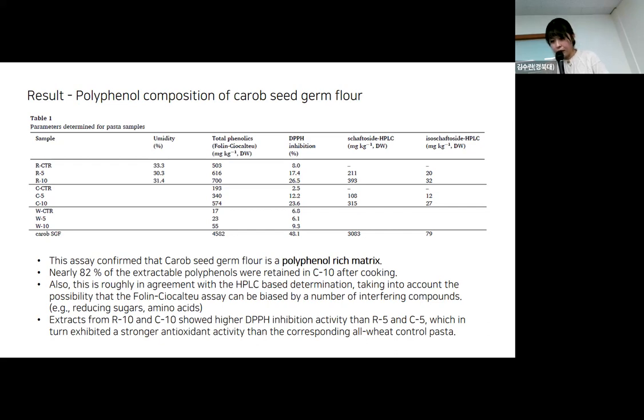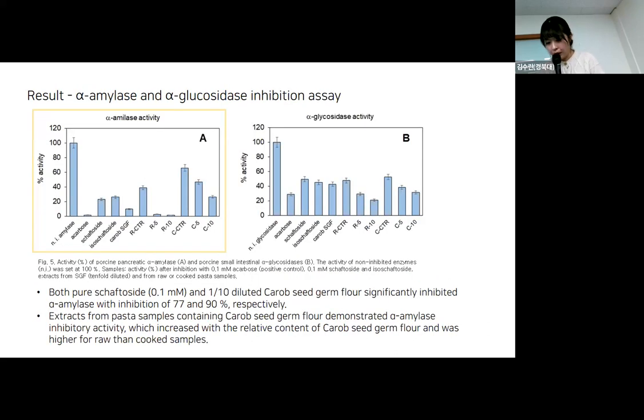And the alpha-glucosidase inhibition of tenfold diluted carob flour extract was 57.4%. These values indicate a remarkable inhibitory potential of apigenin-like glycosides against intestinal alpha-glucosidase, although lower than acarbose, a positive control, in line with the previous observation.